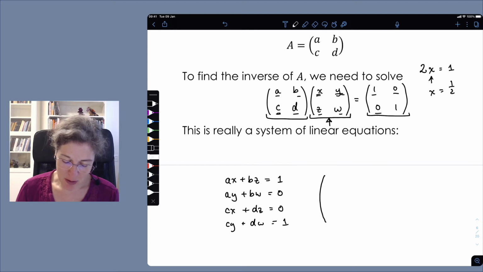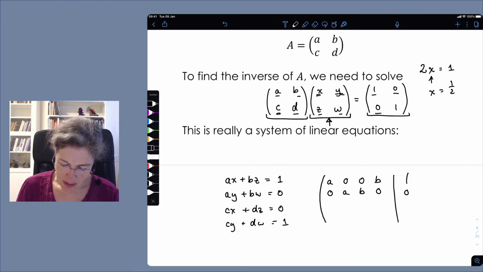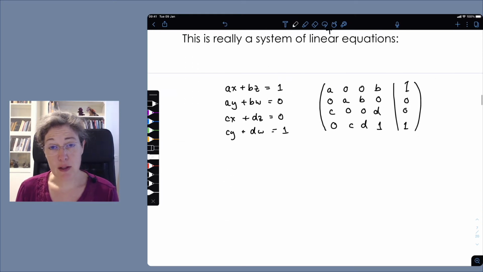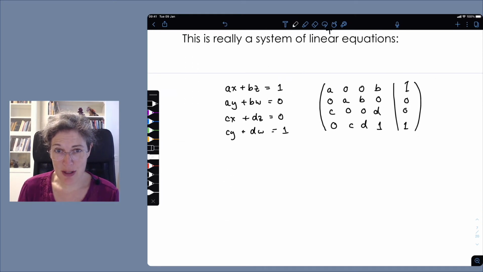We'd have A, 0, 0, B, and a 1 here; 0, A, B, 0, and a 0; C, 0, 0, D, and a 0 there; and 0, C, D, 1, and a 1 there. So as I say, if it floats your boat, feel free to do this Gauss reduction, but I would never ask you to do this because 4 by 4 is just too much.